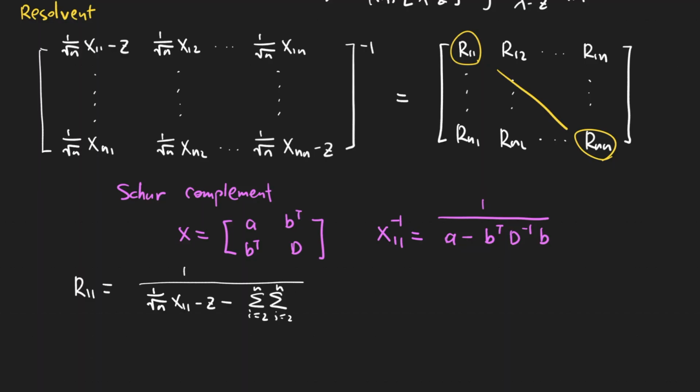And then I can merge the square root of n as 1 over n in the front. So then I'll have x1i times x1j.